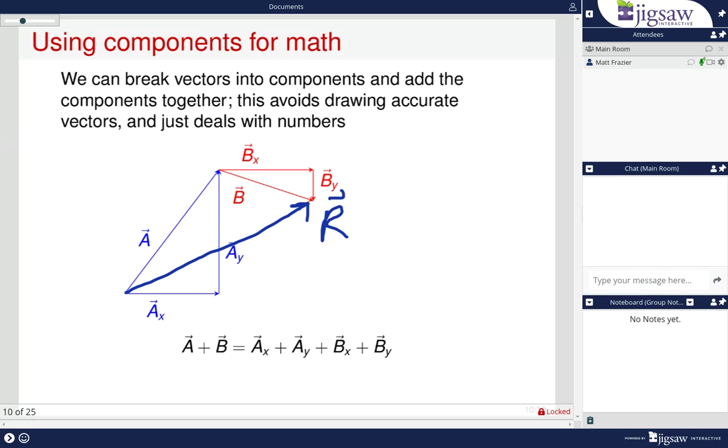All right, we can do this, and because we know how big A's and B's components are, we don't have to deal with drawing this out.